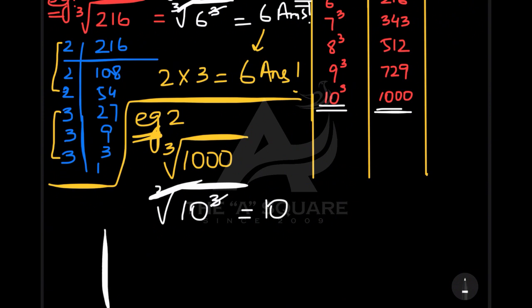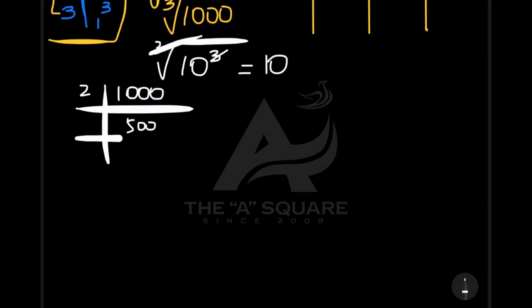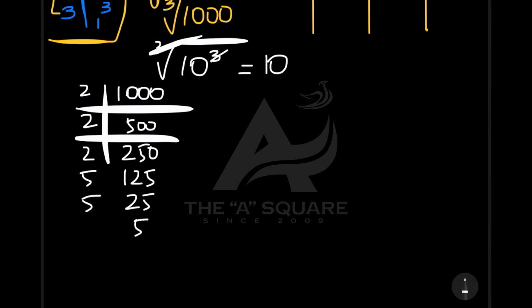I'm taking the LCM now. For 1000: 2 times 500, 2 times 250, 2 times 125, 5 times 25, 5 times 5, and 5 times 1.